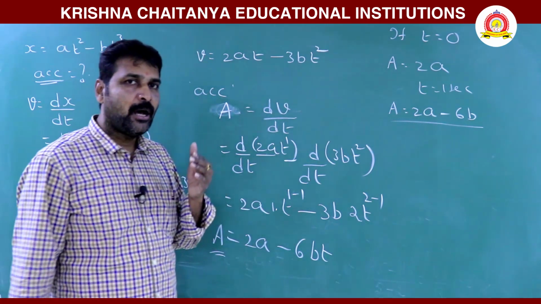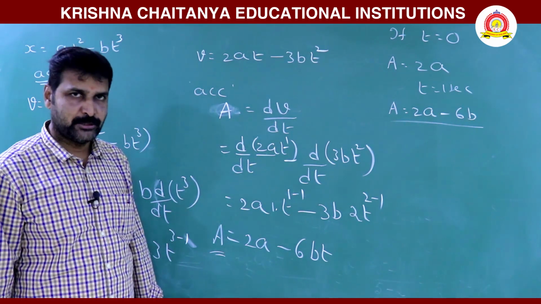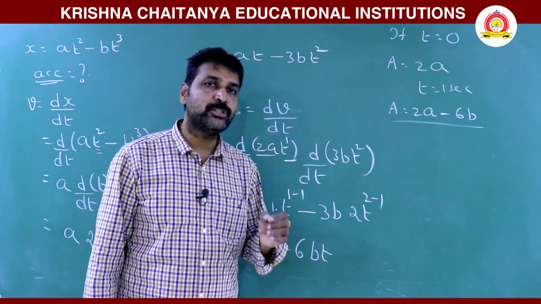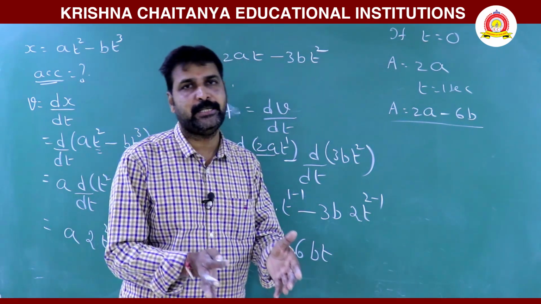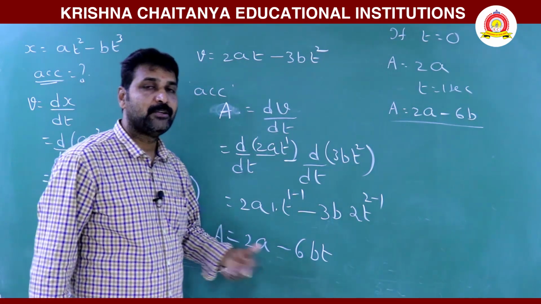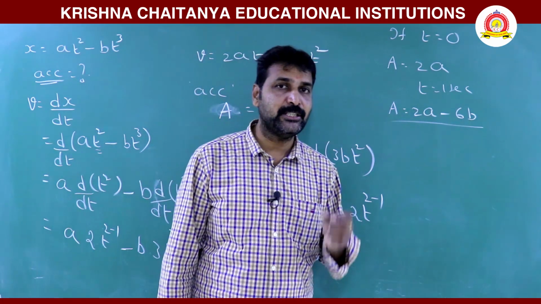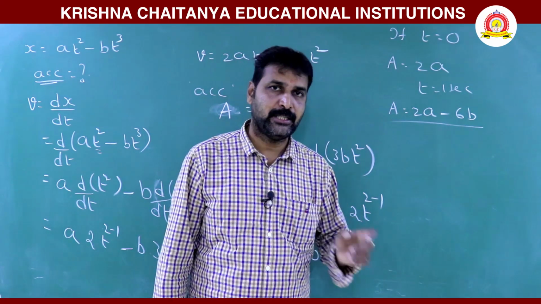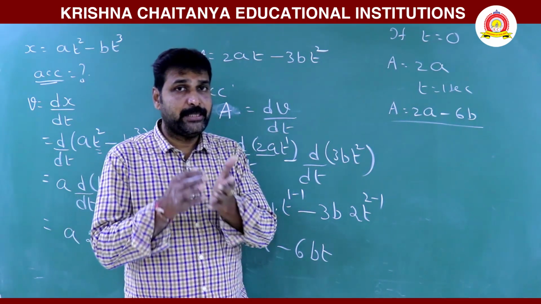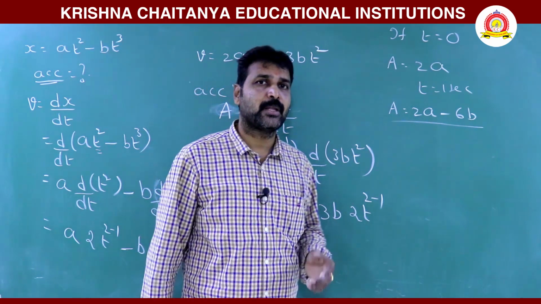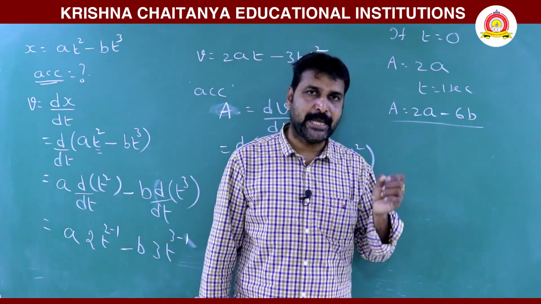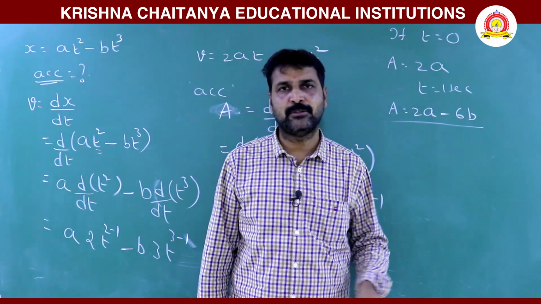That is non-uniformly accelerated motion. If acceleration remains constant, then the motion is said to be uniformly accelerated motion. But here acceleration depends on time. If acceleration depends on time, then that acceleration is non-uniform acceleration and the motion is non-uniformly accelerated motion. Whether it is uniformly or non-uniformly accelerated motion, the motion is non-uniform motion, since acceleration is there.